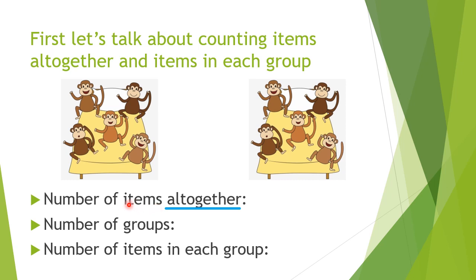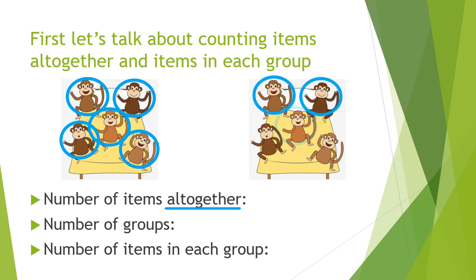So, items in this picture is the monkeys. So, let's count all together the number of monkeys. Ada 1, 2, 3, 4, 5, 6, 7, 8, 9, 10. So, number of items altogether is 10.